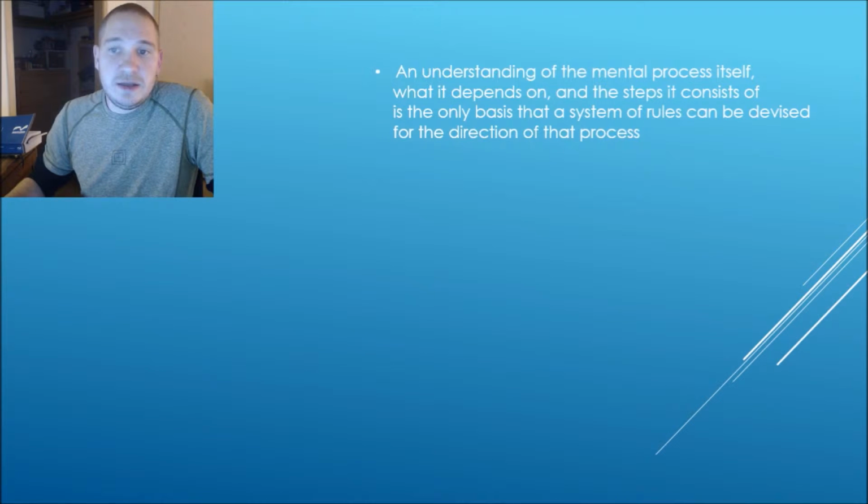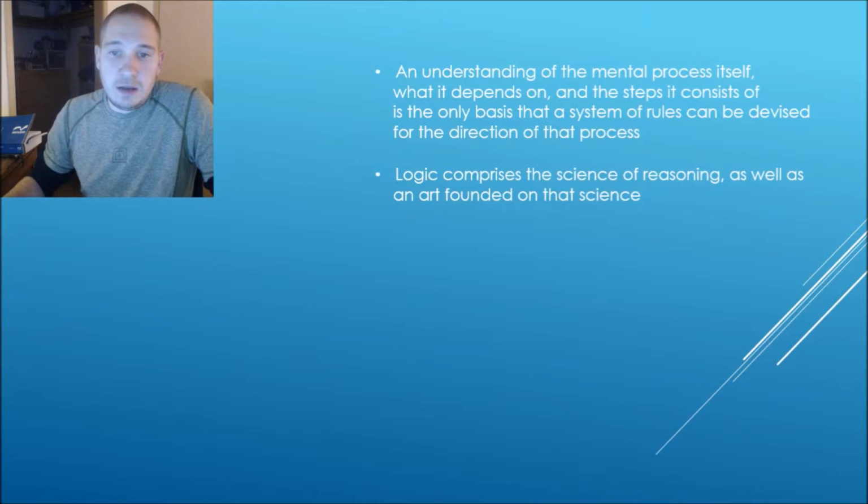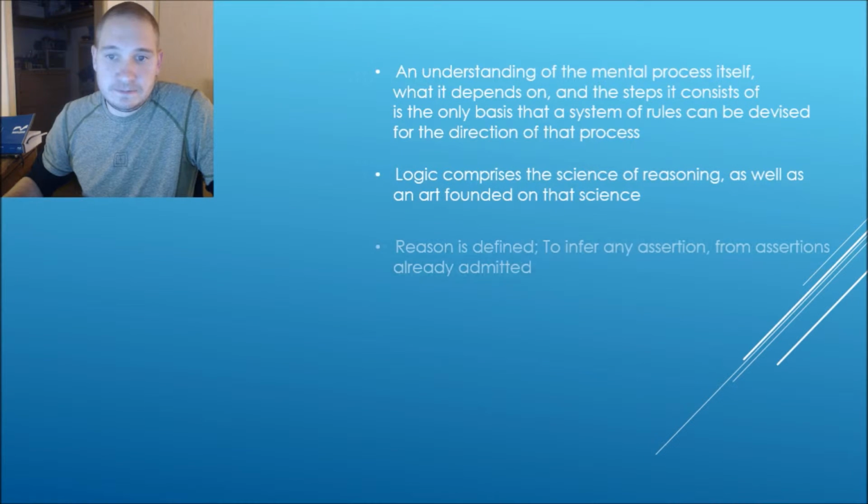An understanding of the mental process itself, what it depends on, and the steps it consists of is the only basis that a system of rules can be devised for the direction of that process. Logic comprises the science of reasoning as well as an art founded on that science. Reason is defined to infer an assertion from assertions already admitted.